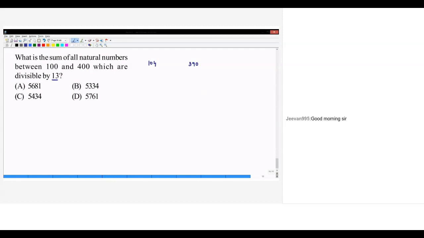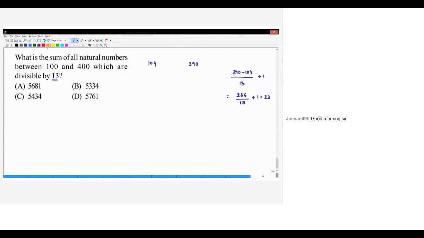How many terms are there? We know 390 minus 104 divided by 13 plus 1. Number of observations. 286. 23 numbers.